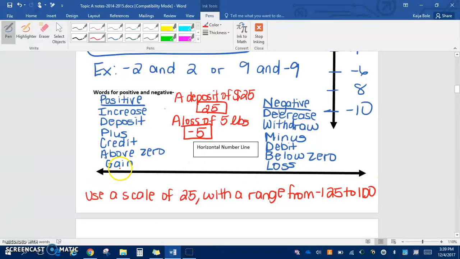So the ends of your number line, you should have negative 125 over here, 0 somewhere in the middle, and then 100 over here, and I want you to fill in that number line with that scale of 25. Then we'll do some more practice with all of this tomorrow. So make sure you bring any questions that you have with you to class.